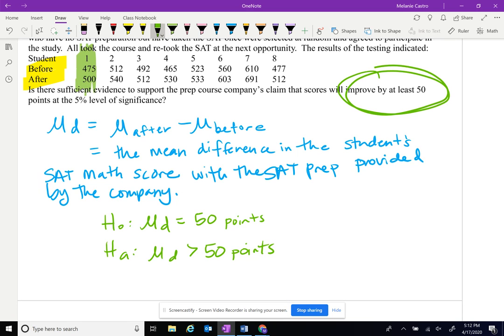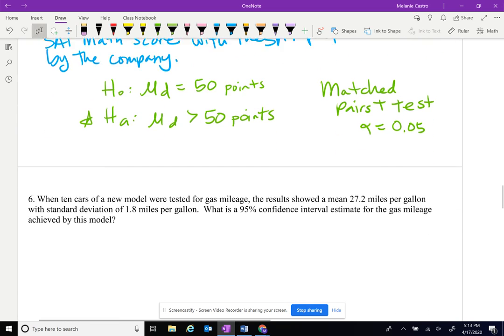We're improving by at least 50 points means I want to be able to say, did I get higher points using this company? So when we go through to check the assumptions, we're checking the assumptions for a matched pairs t-test. And they did say alpha was 5%, so I would include that. So matched pairs t-test is that type of problem.